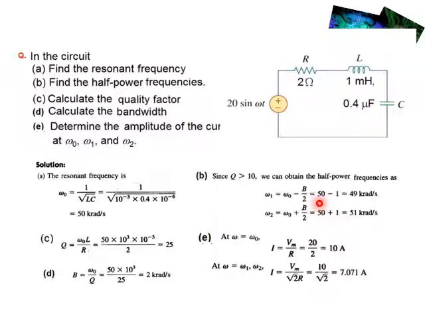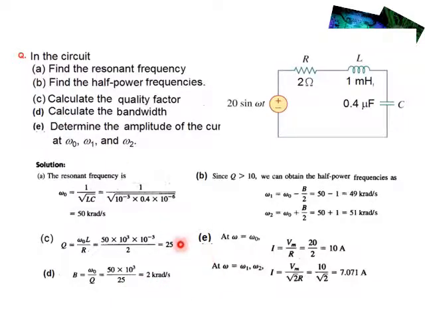So 50 minus 1 is 49, and 50 plus 1 is 51. The bandwidth is using this equation, 50 over 25, we have 2 kiloradian per second.